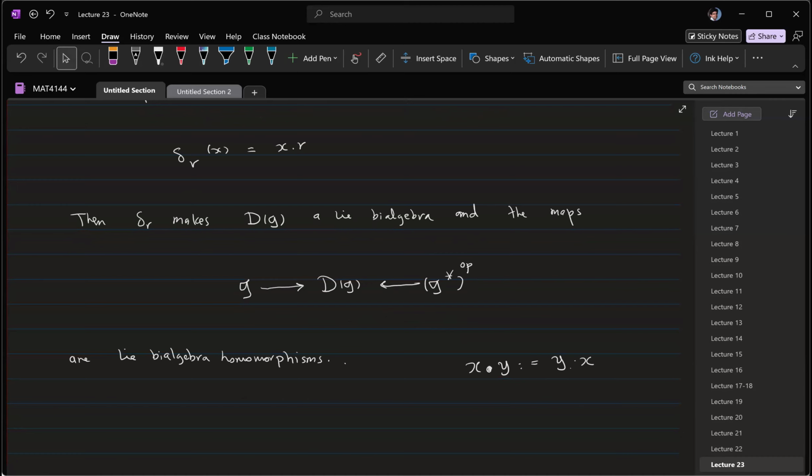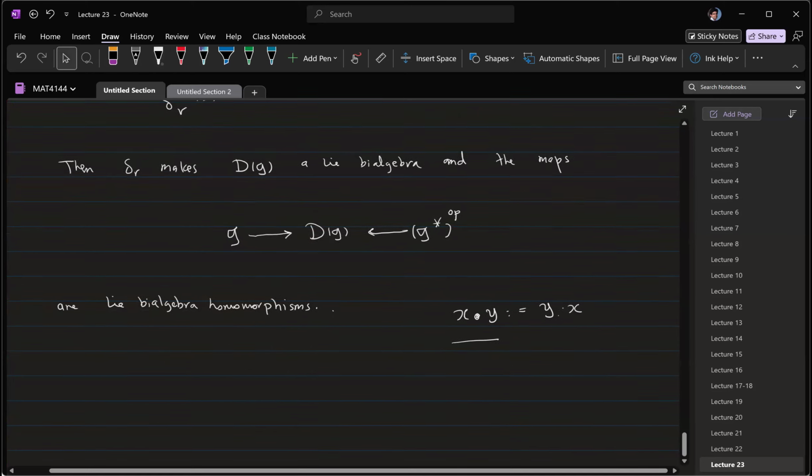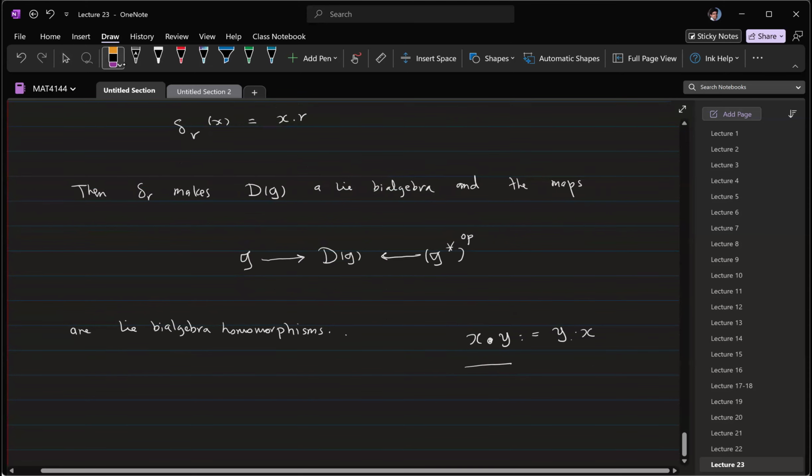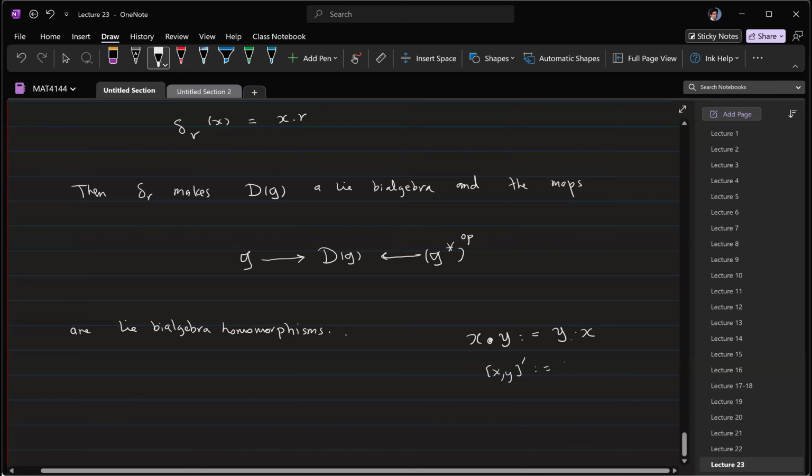In fact, it is called the opposite structure. Now, in the case of a Lie algebra, this means you define the new bracket of x and y to be the bracket of y and x, which is minus the bracket of x and y. So there's just a sign difference. It's really small.